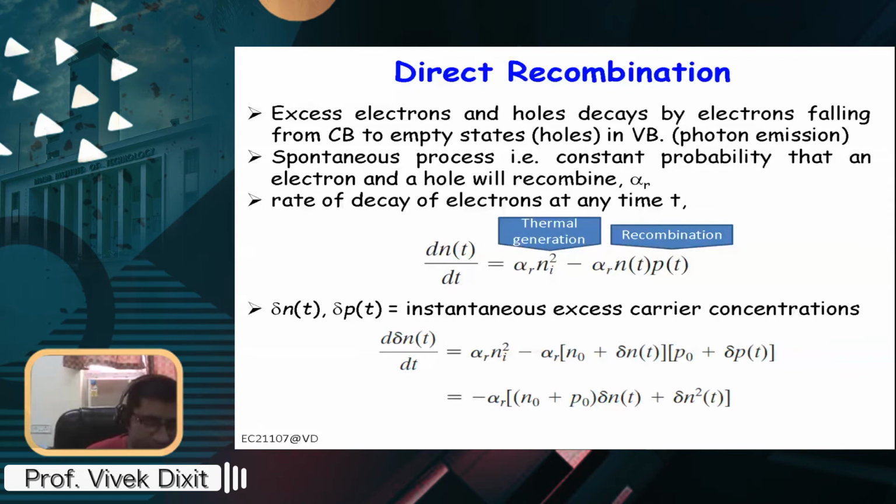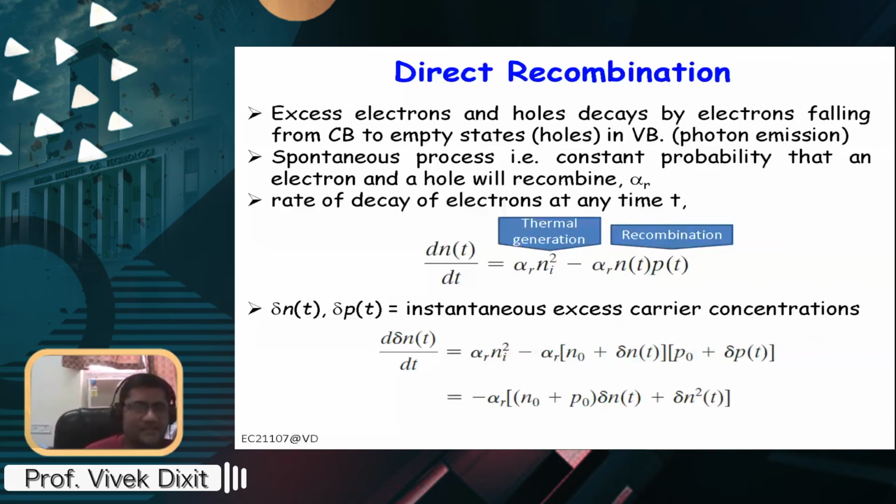These excess electron holes that are generated will recombine. Now this recombination is a spontaneous process. By spontaneous process we mean that their recombination probability is constant, depending on the carrier concentration.